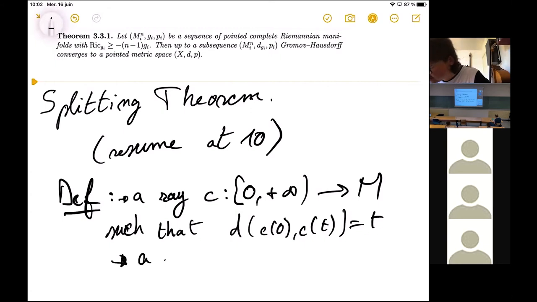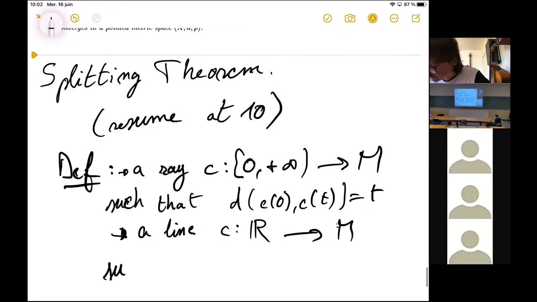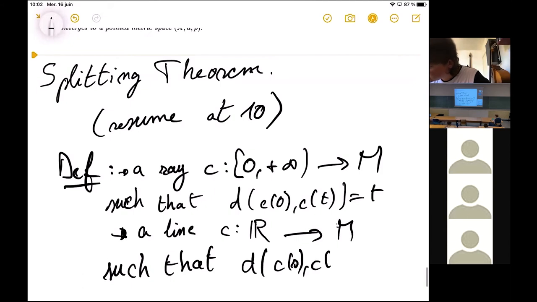And a line is more or less the same thing, but such that the distance from c(s) to c(t) is equal to t minus s in every direction.